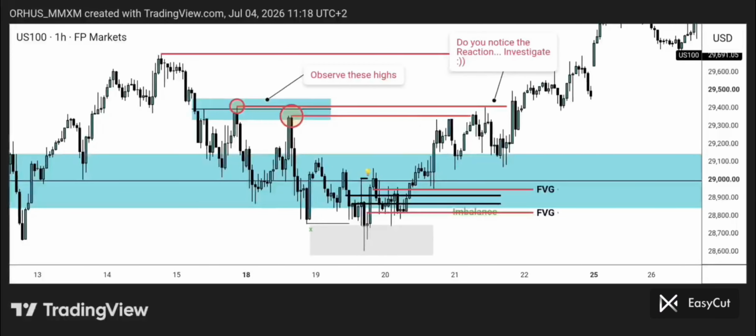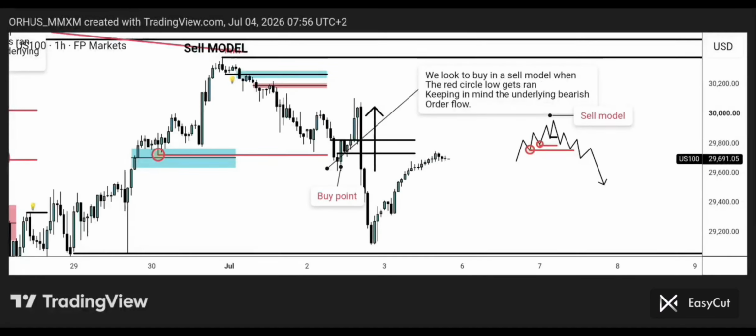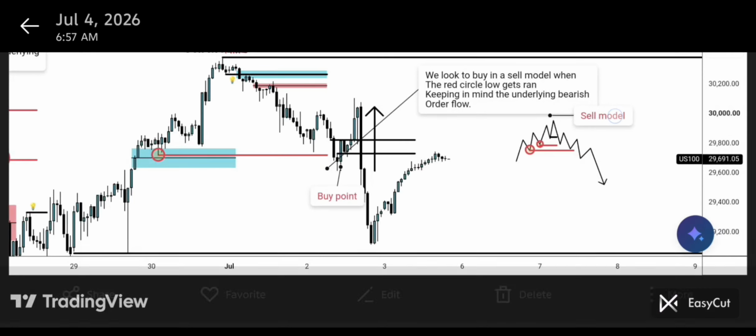And once you begin to understand how the market moves from point A to point B, or how price delivers in a market maker model, you begin to look at this marketplace from a different perspective, and you begin to see insane opportunities moving forward.